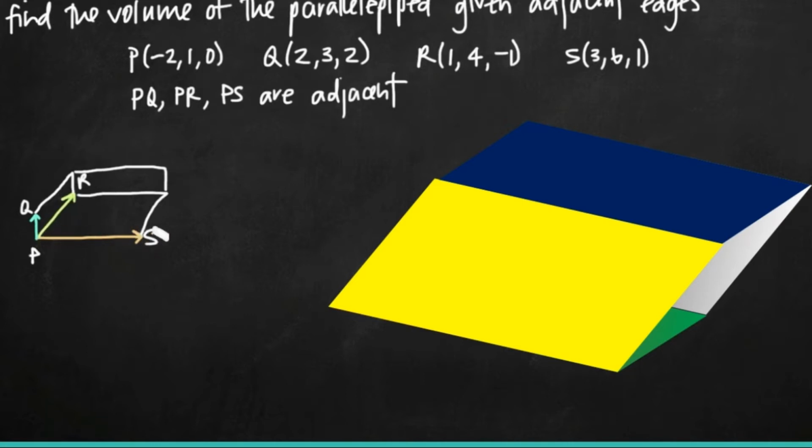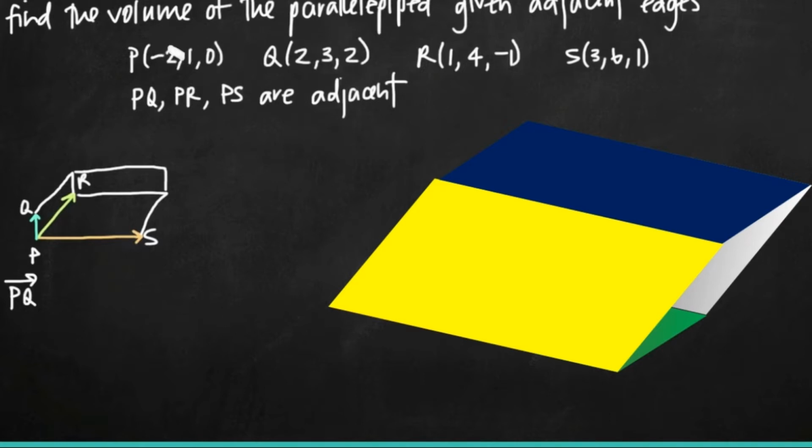Also complete a parallelogram along PQ and PR, and also the other side of the faces. You end up with 3 faces out of the total 6 faces a parallelepiped is supposed to have.